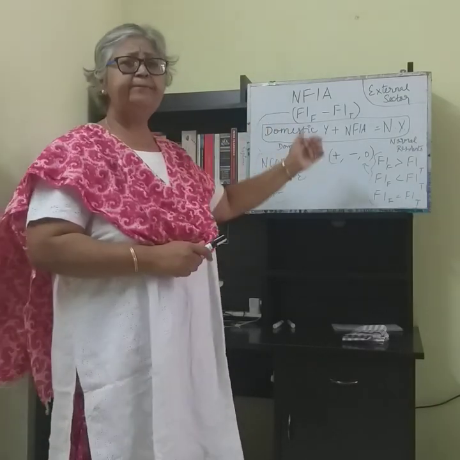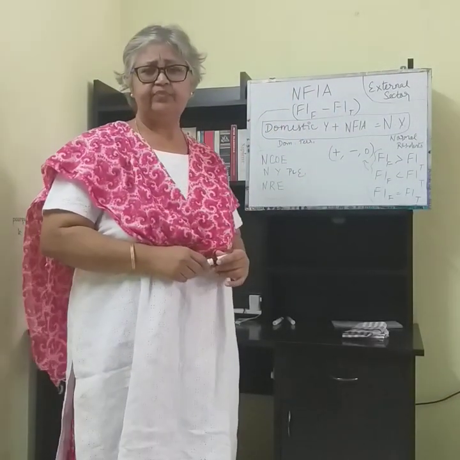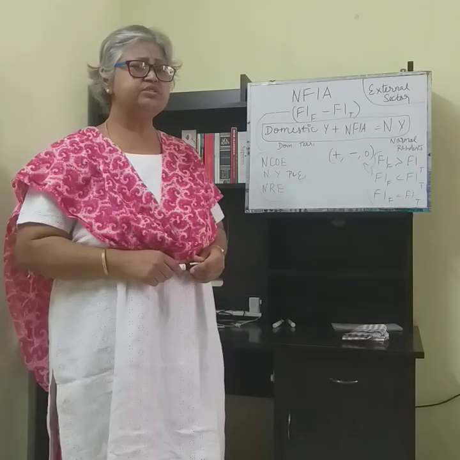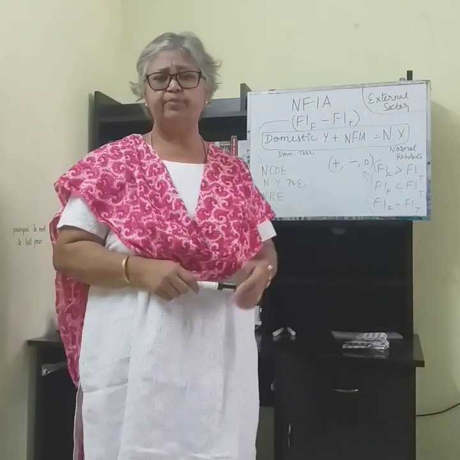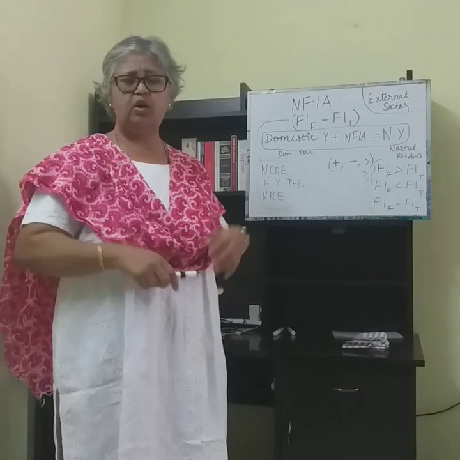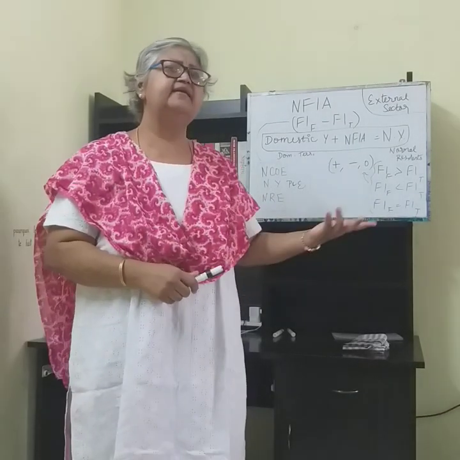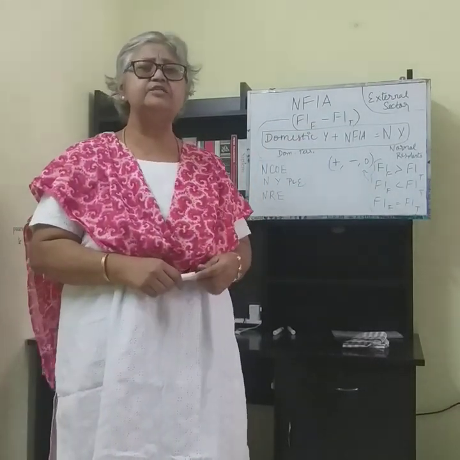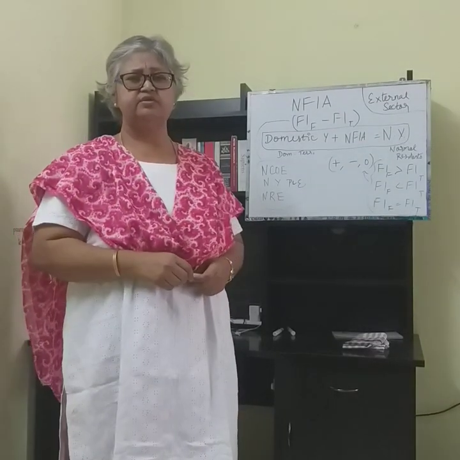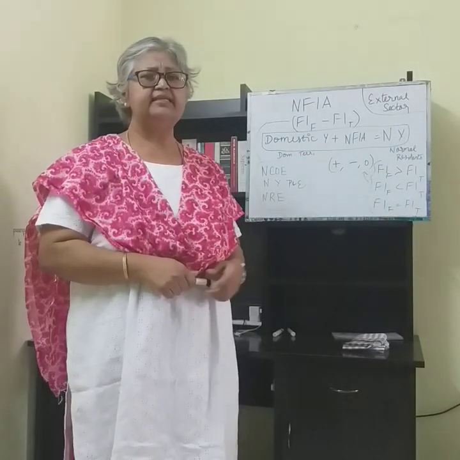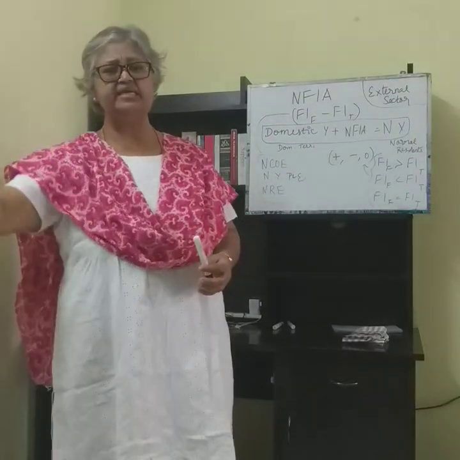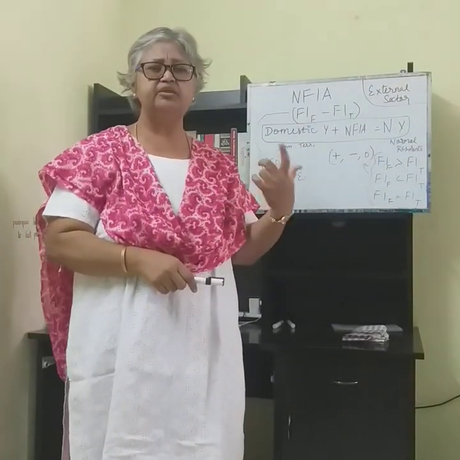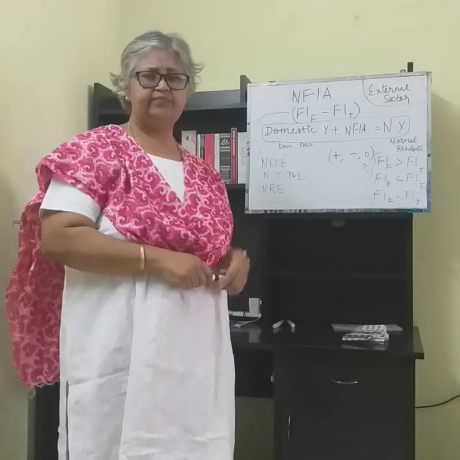So what are the components of this NFIA? NFIA comprises the net compensation of employees. The compensation of employees is nothing but the wage and salary that's offered to laborers. So you have understood that there is factor income from rest of the world, factor income is also paid to rest of the world, and the difference between the two is NFIA.